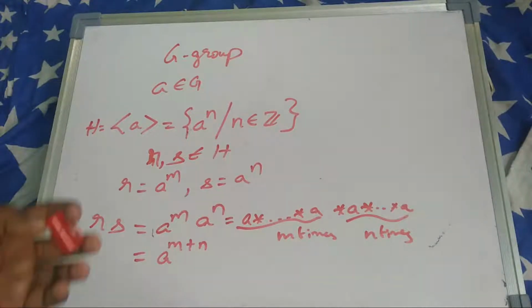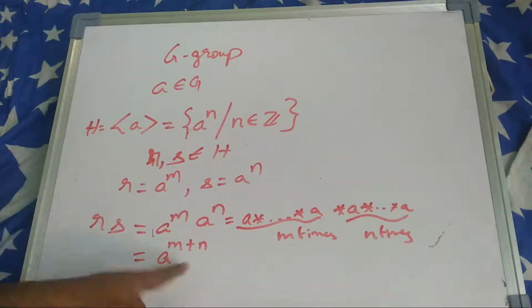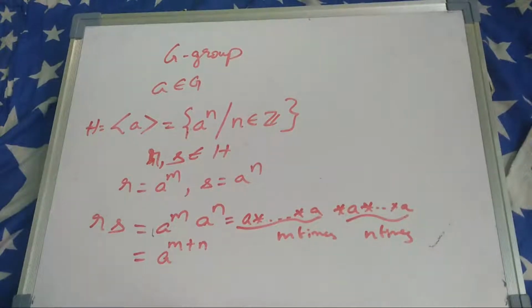If one is negative and one is positive, depending upon that, the power will reduce. So rs is going to be nothing but a power m plus n, where r is a power m and s is a power n. Now, since m and n are integers, m plus n is again going to be an integer, because integers form a group under usual addition.